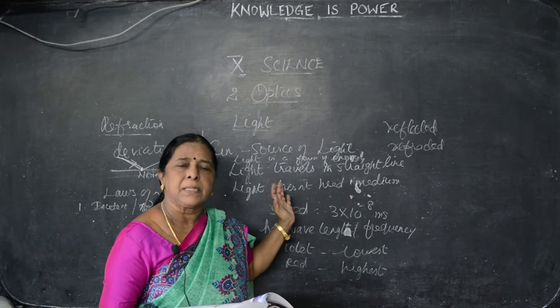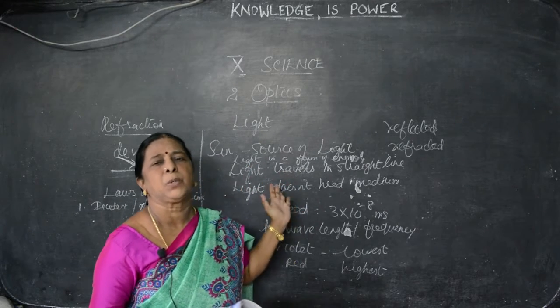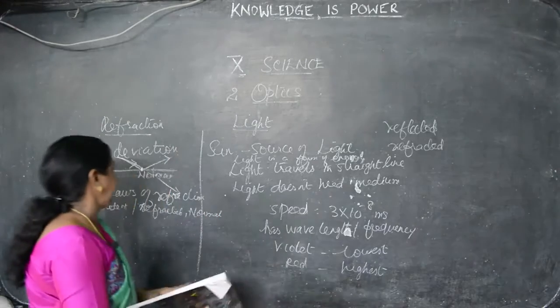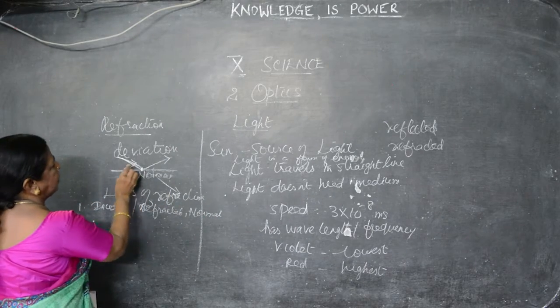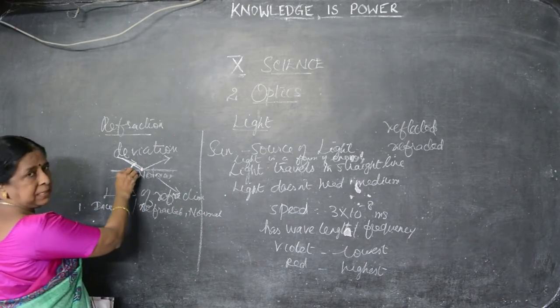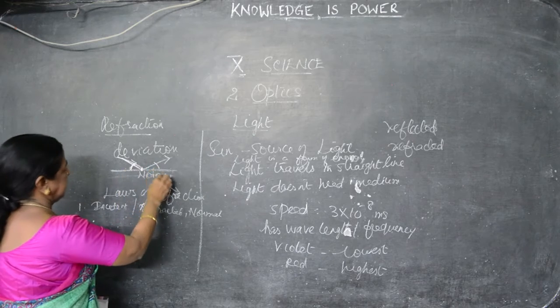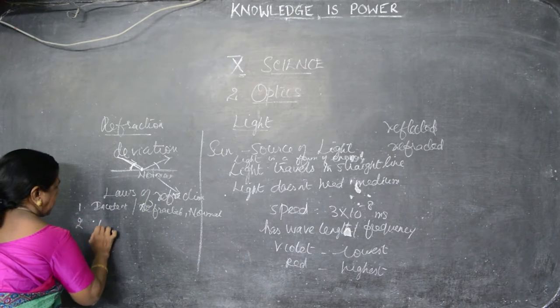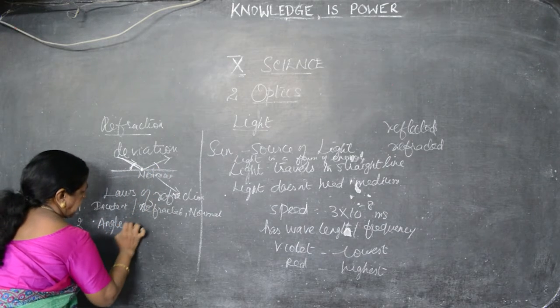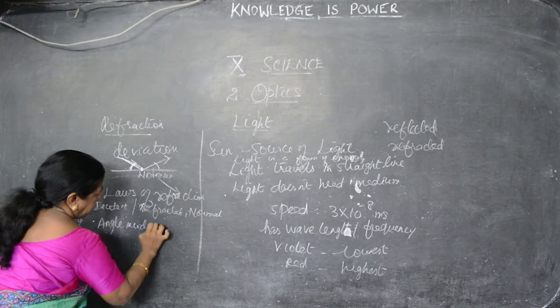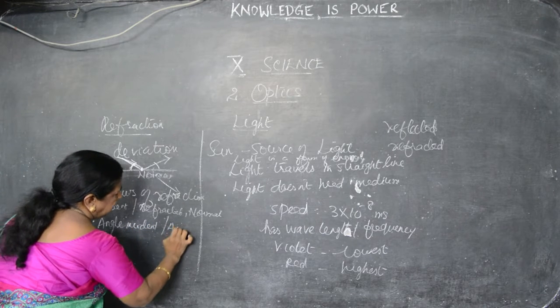So, they are refracting like this, no? The angle formed by the incident ray is the incident angle, and the refracted one is the refracted angle. So, the angle of incidence is equal to the angle of refraction.